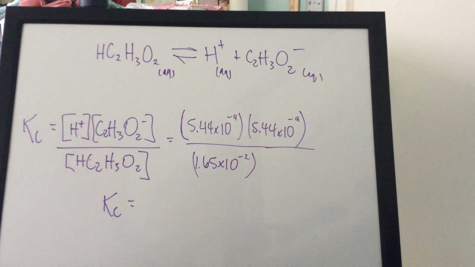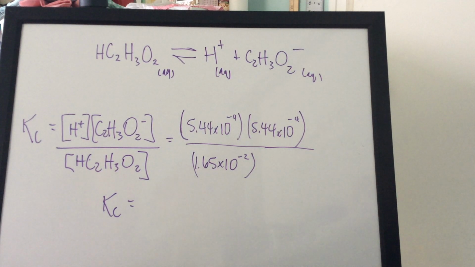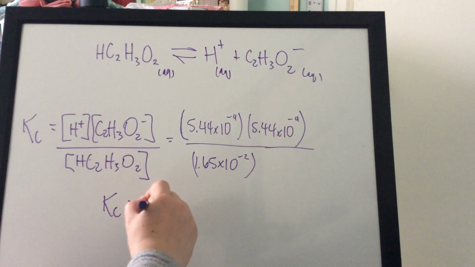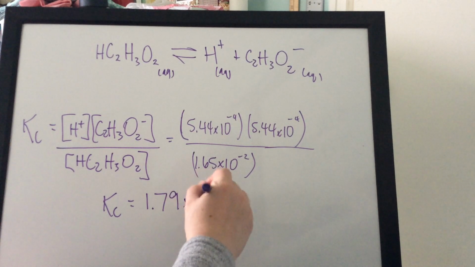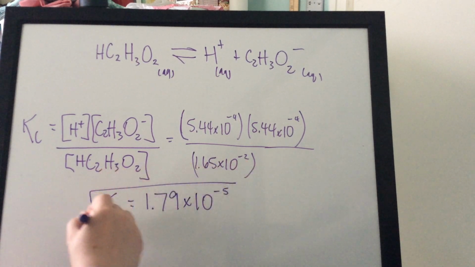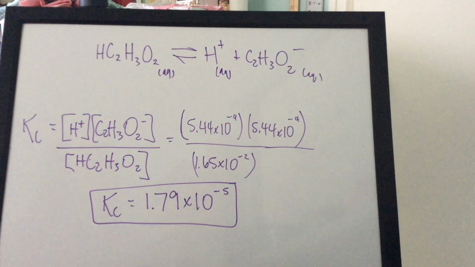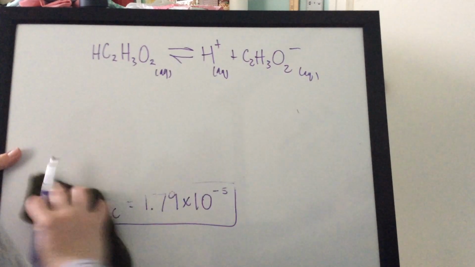Again, half this battle is just working your calculator. So if you input these correctly on your calculator, I got a value of Kc of 1.79 times 10 to the negative 5th for this reaction. Okay, so that's how you calculate Kp and Kc. Writing the expression and then plugging in the values. So it's pretty simple. But of course, this is going to get harder.